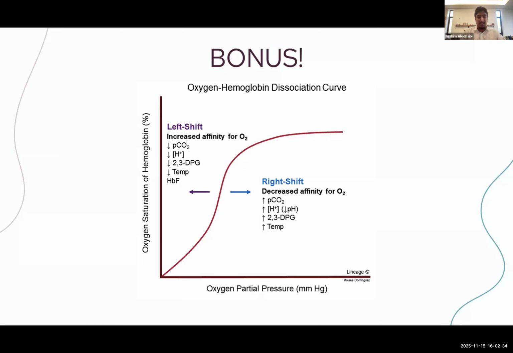And that's only if they're asking it directly. It may also be asked in a different way. But it's very important that you guys memorize this graph and have it understood well, because there are a lot of ways that they can ask you. And I guarantee that on this exam, you are going to get a question about the oxygen hemoglobin dissociation curve. So make sure that you understand it well.